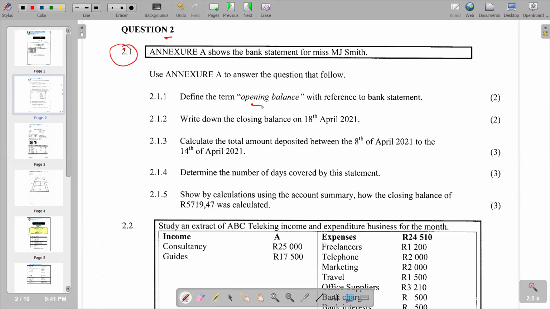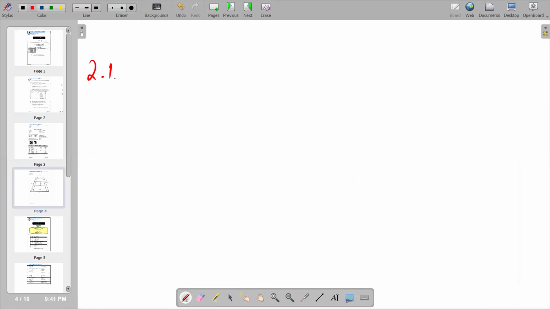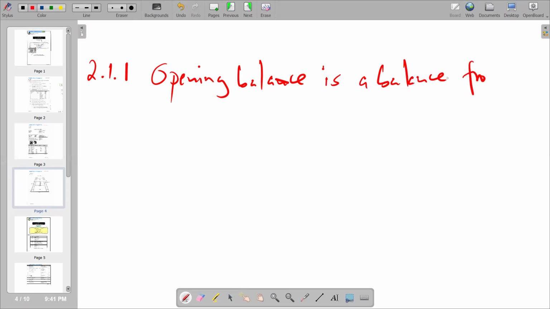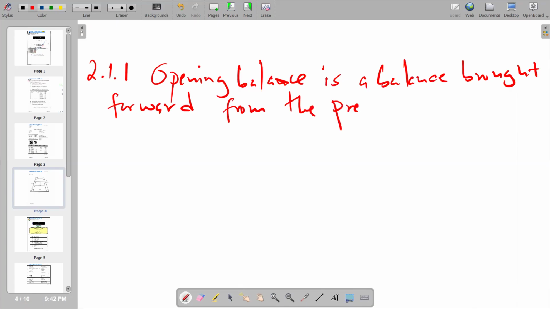So on the other section, we are going to illustrate it as an opening balance: a balance brought forward from the previous period.